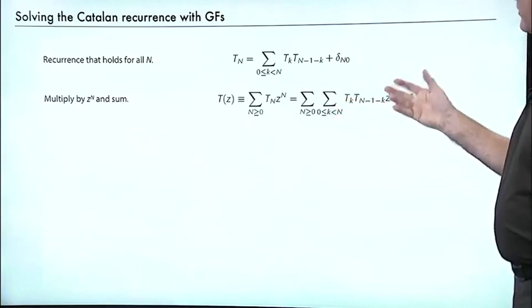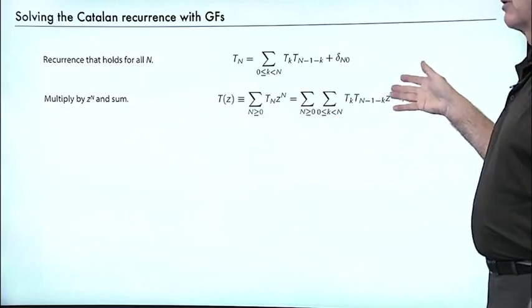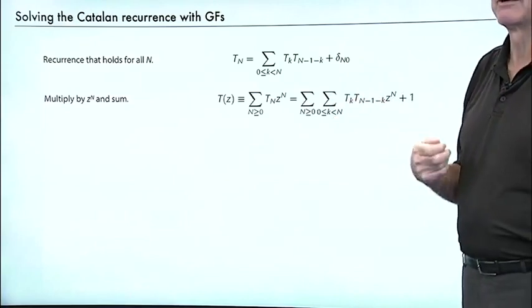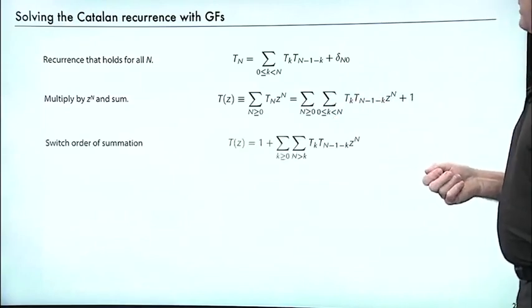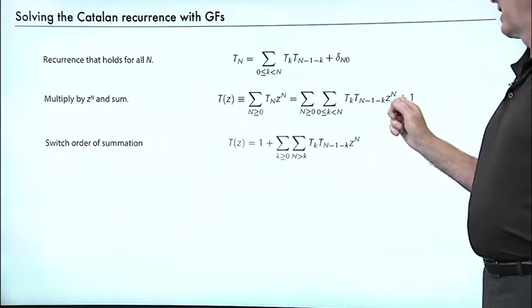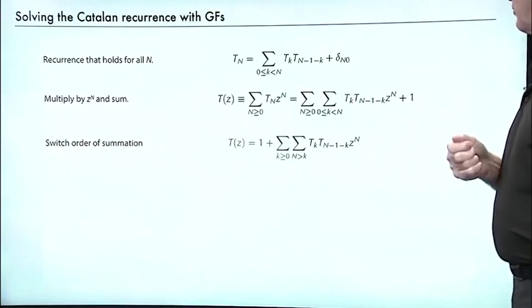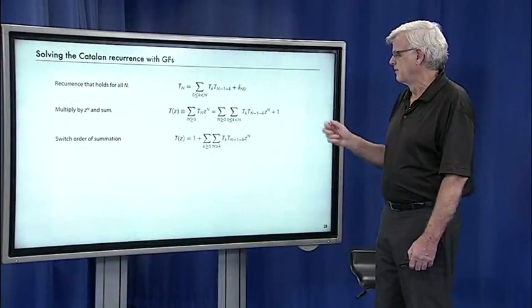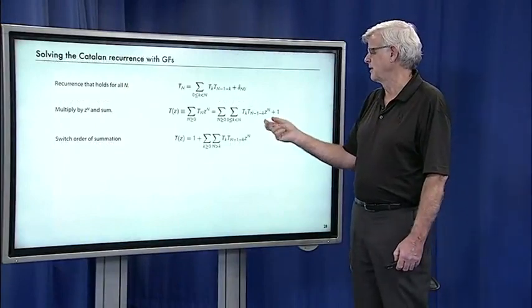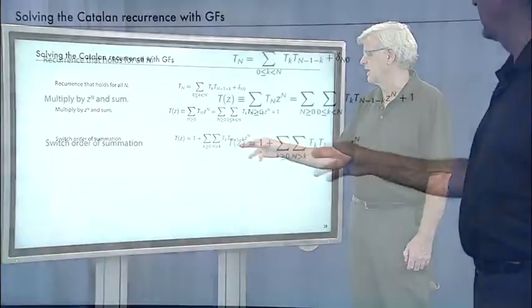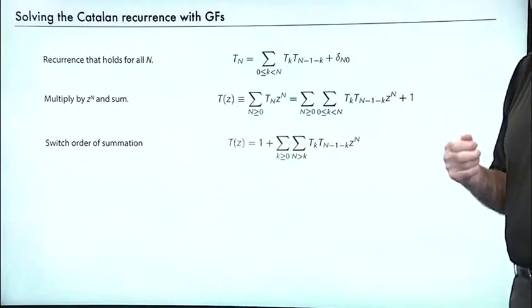That looks familiar. It is familiar. We're going to work backwards from the convolution derivation that we did before. So the first thing we'll do is switch the order of summation. Switching the order of summation means that for every value of k, the inner sum is just for n bigger than k.